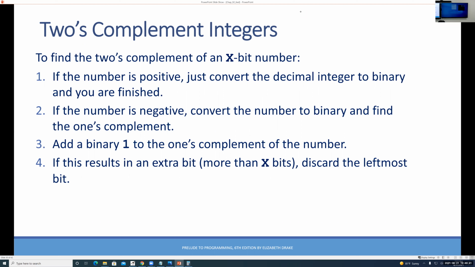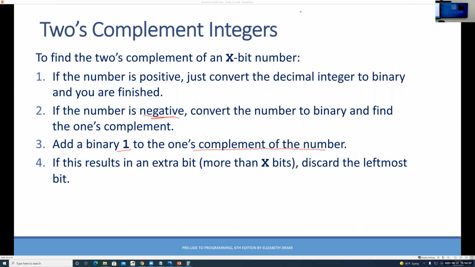However, if the number is negative, you have to convert the number to binary and find the one's complement first. The first thing you have to find is the one's complement. And the second, you add 1 to the one's complement of the number. And if the result has an extra bit more than x bits, discard the leftmost bit.